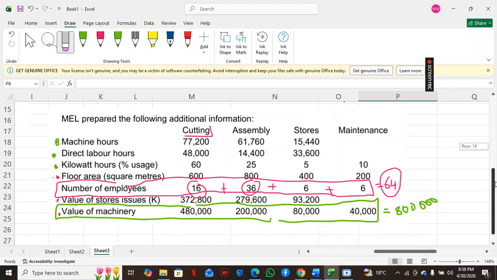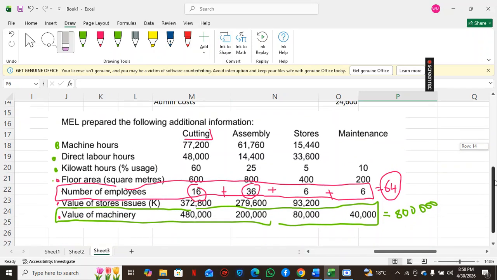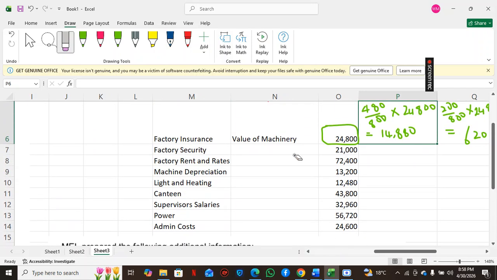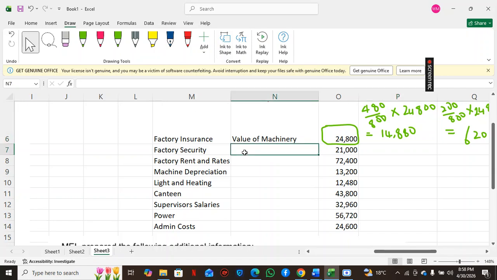So we say that you never have to use two bases of apportionment. You're always using one, one at a time. I just said that there will be situations where you can use more than one basis, so it's up to you to choose which basis you feel comfortable with.